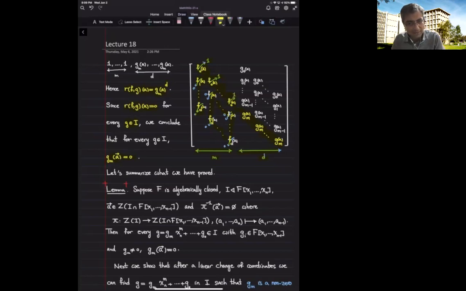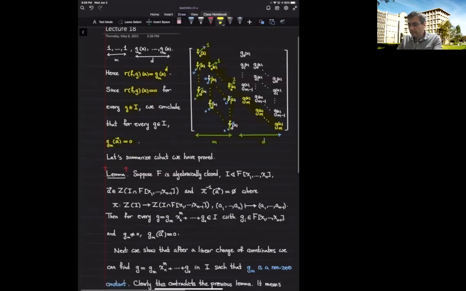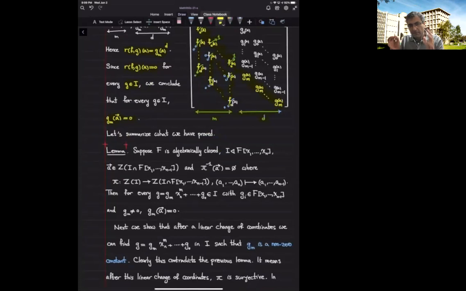Let's summarize what we have proved. We have proved that if pi fails to be surjective, well, what is pi? Pi is the map from the common zeros of I to the common zeros of I intersected with one less variable. So that's the projection, essentially dropping the last component.